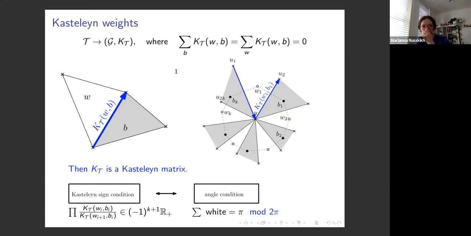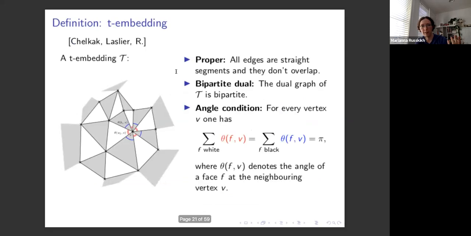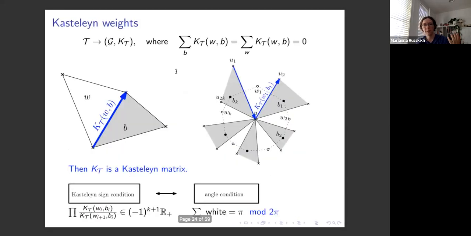And given the t-embedding, how do we define a dimer model on it? So we start with a nice picture. We have these faces colored in black and white. We definitely have a bipartite graph on it. How do we define the weights for the dimer model on this bipartite graph?